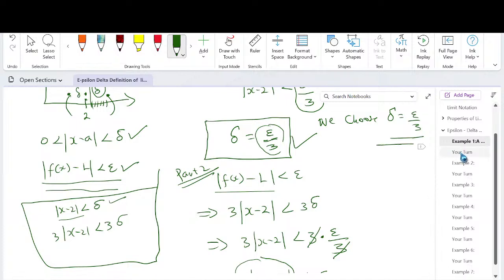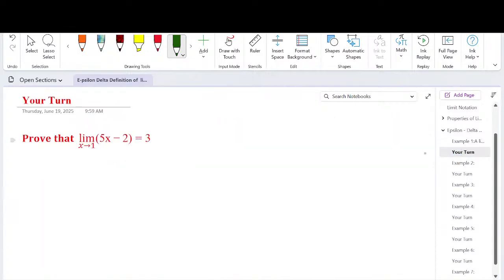In case you want to try, you can use this as your practice. Here, what you have to do is the same steps. You have to follow all the steps, so you start with the condition. Let me give you the statement.